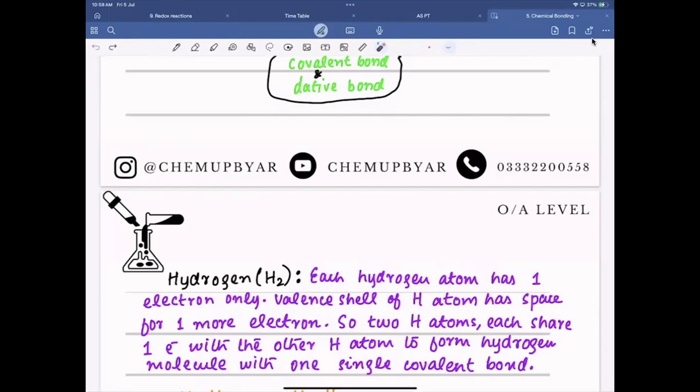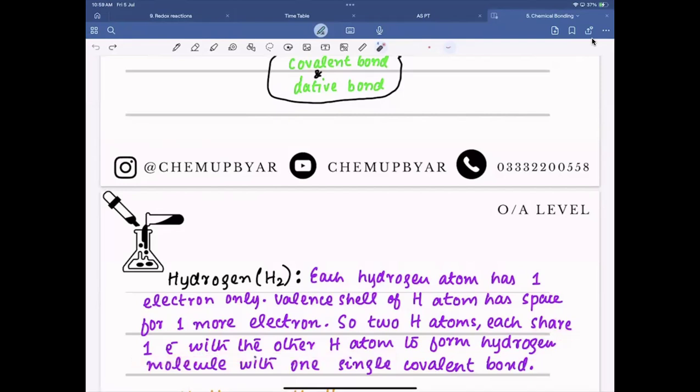So if one atom loses the electron, the other will gain. So the other will have a duplet, but the first hydrogen atom has no electron in it, right? Yes, sir. So that's not possible. So what they do, instead of transferring, losing and gaining, they share the electron with each other.